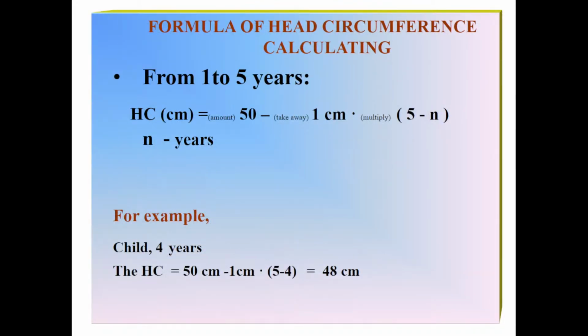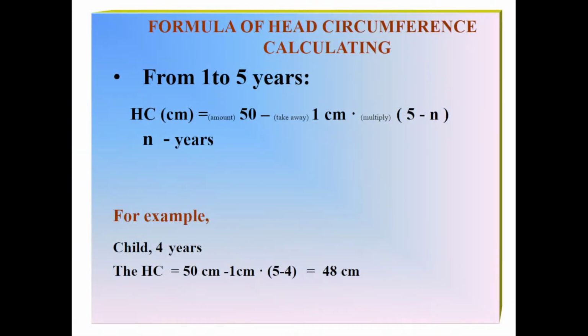Formula of head circumference calculating from 1 to 4 years, for elder children. You can see this formula, and for example, for a child of 4 years old, head circumference is nearly 48 centimeters.